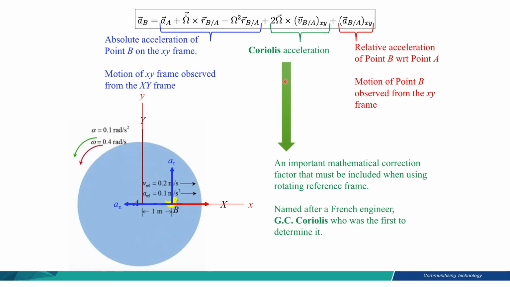The Coriolis acceleration name was taken after a French engineer, J.C. Coriolis, who was first to determine this mathematical correction factor. So this is the equation to calculate the acceleration of point B in the case of a rotating axis problem.